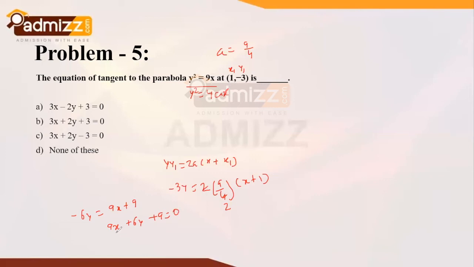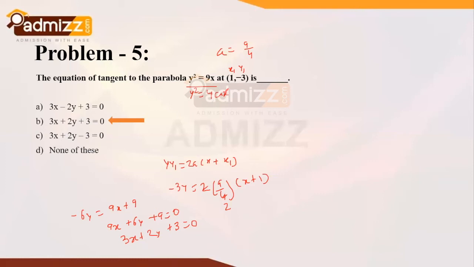Now the 3 value can be taken common from this, and you can divide it with 0. So this equation reduces to 3x plus 2y plus 3 equals 0, and this is none other than option B.